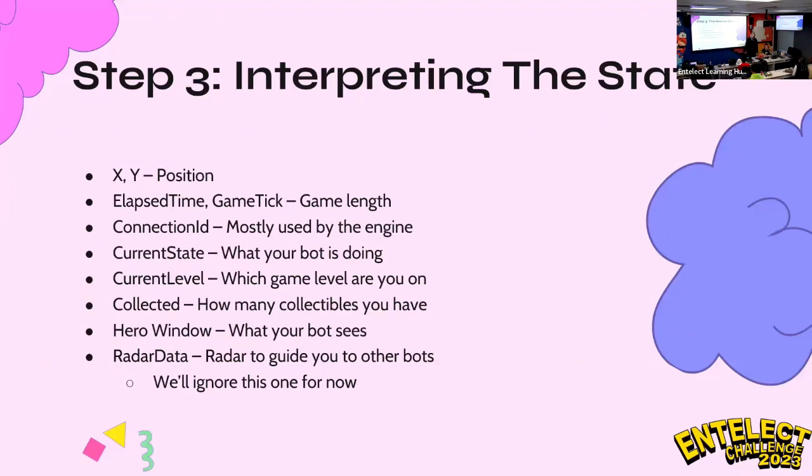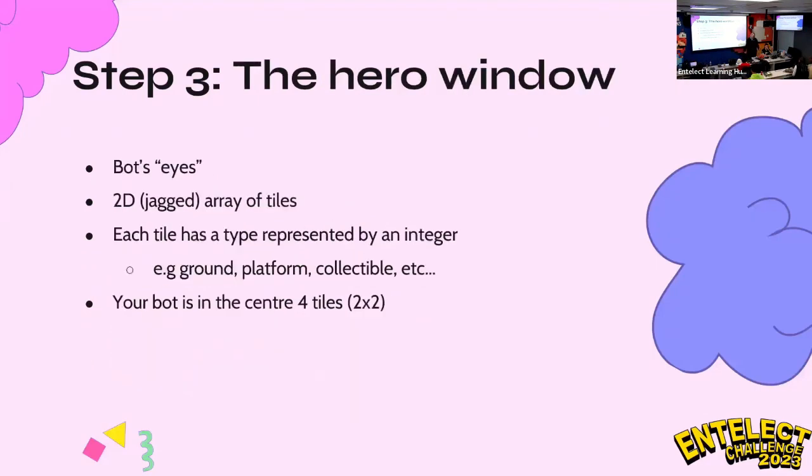So the hero window is the bot's eyes. It's a 2D jagged array of tiles, as opposed to C#'s fancy 2D arrays. But you can always trust that the dimensions will be the same, so you don't have to worry about checking the length of each row. If that doesn't hold true, please file a bug report and tell us. That shouldn't be the case.